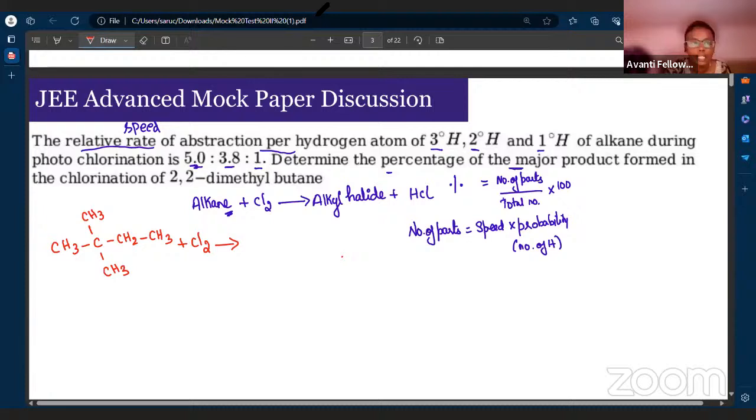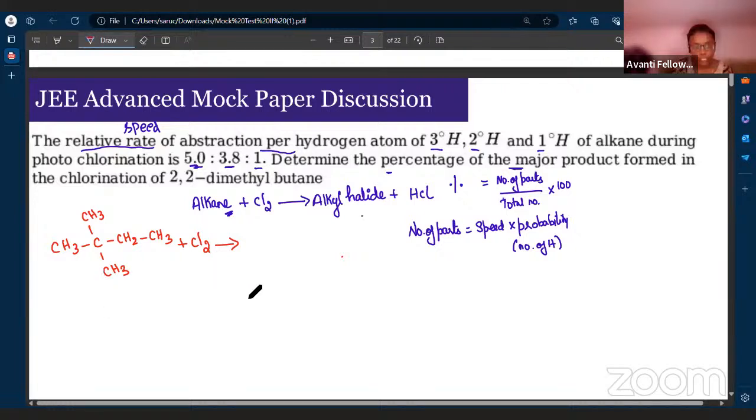Okay, I'll tell you. To calculate the number of products, you should know how many different hydrogen environments there are. So the number of monochlorinated products is equal to the number of different environment hydrogens in the given compound.